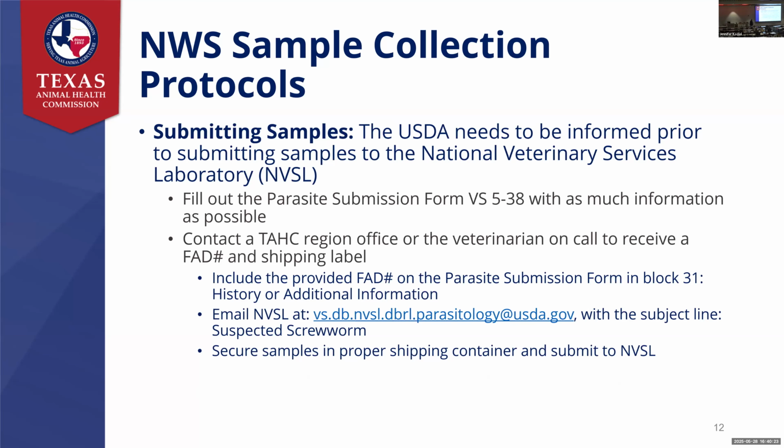For submitting the samples, veterinarians or producers can call in, and at the end of the presentation I'll give you the numbers and contact information for our region offices and our central office. They can call in during normal business hours, or we've got a vet on call 24/7 after hours and on weekends for concerns about a suspicious wound or a wound with maggots.